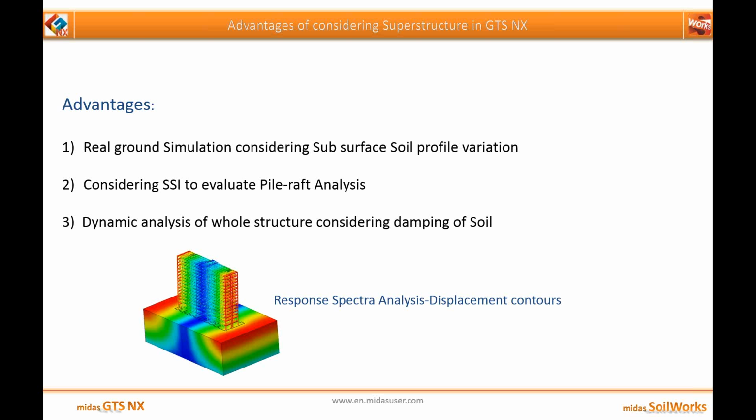Similarly, now you can consider the soil structure interaction to evaluate the pile raft analysis rather than going for spring stiffness. And finally, now you can perform the dynamic analysis of the whole structure considering the damping of soil. You can see in the figure the response spectrum analysis for such a model, and these are showing the displacement contours in a particular direction.